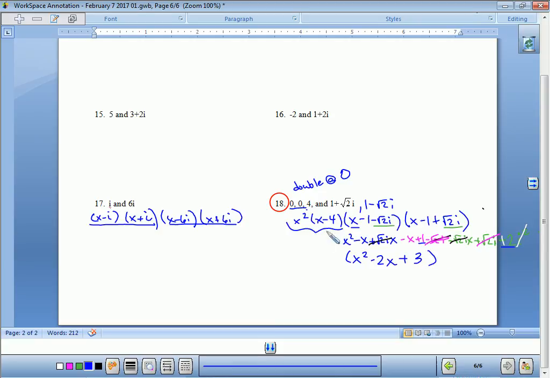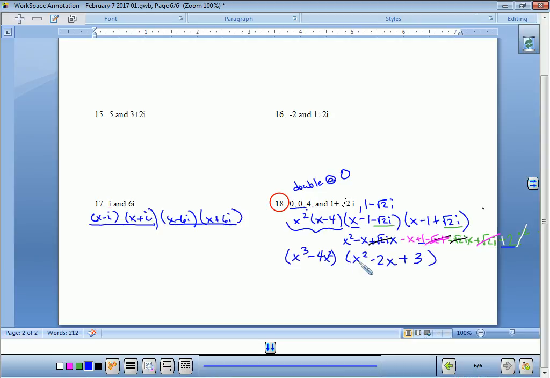Now we have a choice here, guys. You could go ahead and distribute that x squared, or you can wait till the end to distribute the x squared. It doesn't matter. I'm doing it now. And now we distribute again.